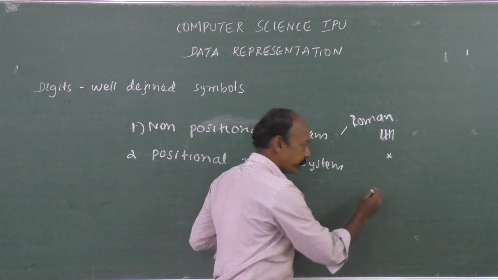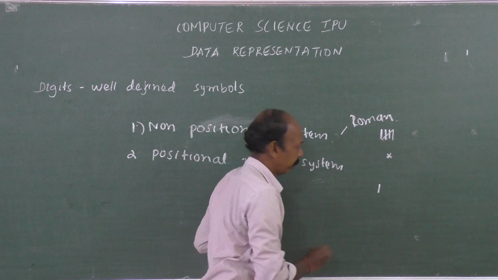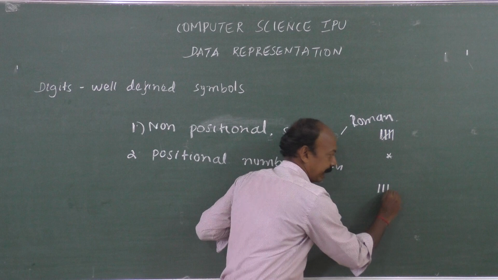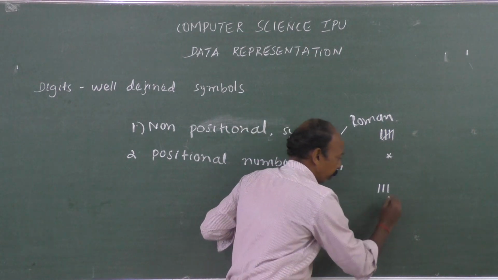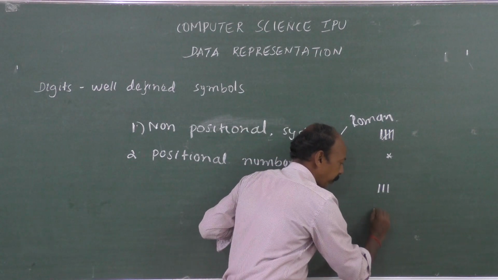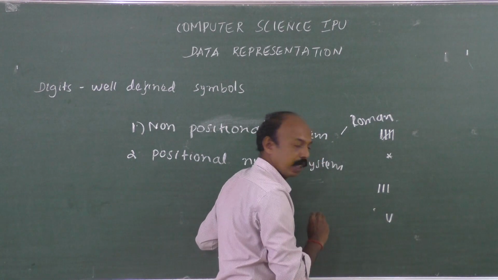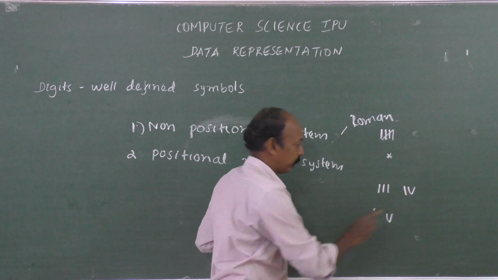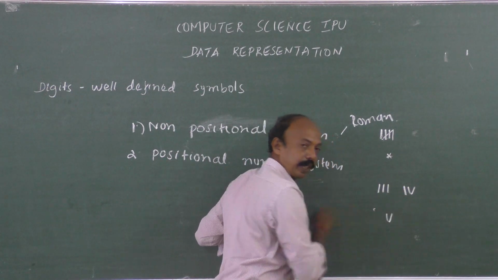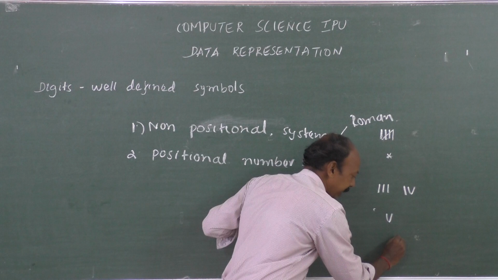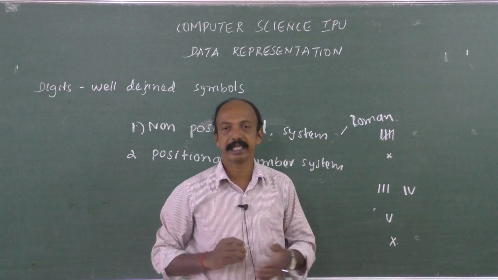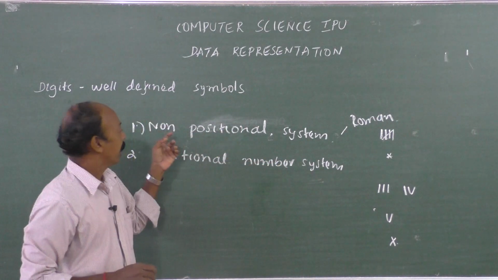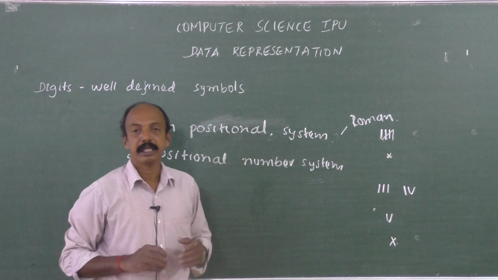Even the Roman number system comes under non-positional number systems. Here also we use symbols: I for 1, II for 2, III for 3. For 5 we write V, and for 4 it's 5 with 1 less, so it becomes IV. Similarly, for 10 it's X, and so on.